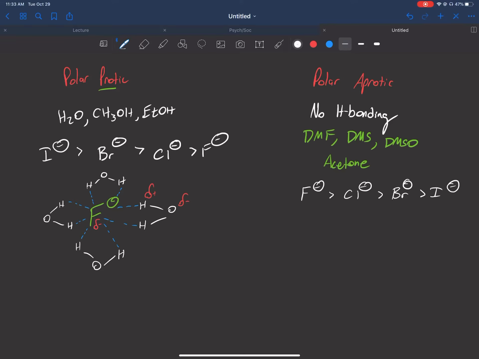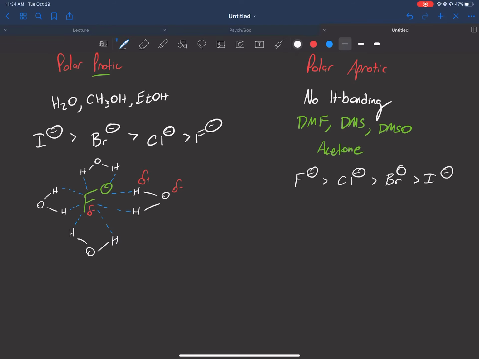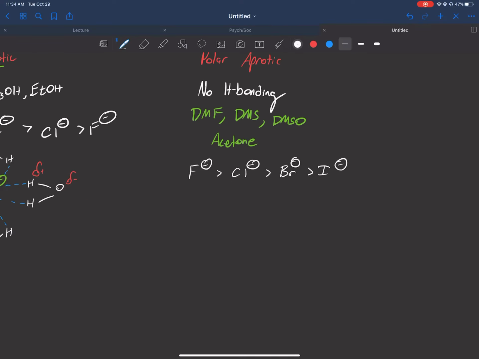Okay, and so it's just easier to remember, in my opinion, that in polar protic, we increase nucleophilicity going downward. Polar aprotic is the complete opposite, right? And so I said it correlates to basicity. So just to quickly explain what I was saying, you take HI versus HCl, two acids, right?